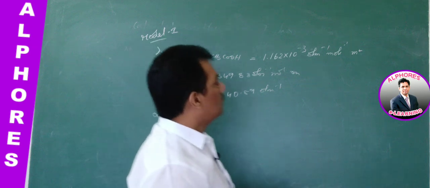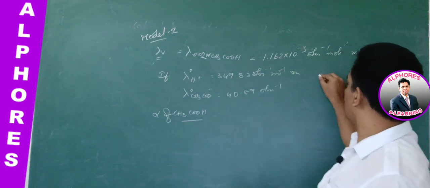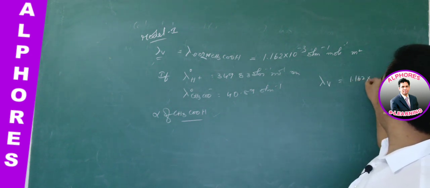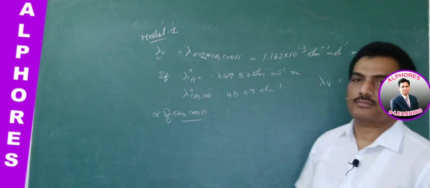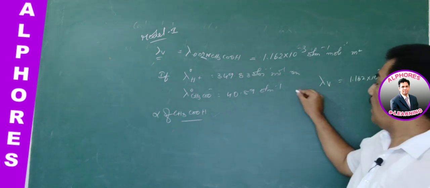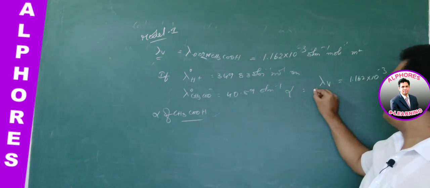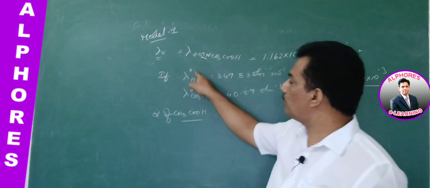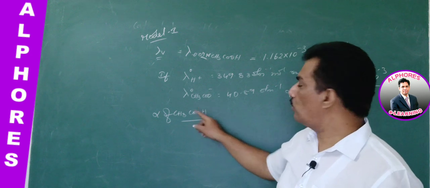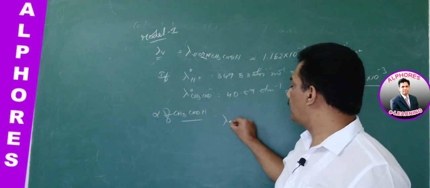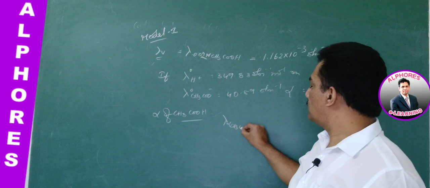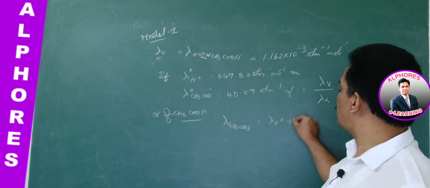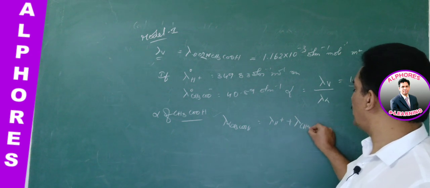Because already we know lambda V, it is 1.162 into 10 to the power of minus 3. And now alpha is nothing but lambda V by lambda infinite, and this lambda infinite value we can get from these two, because as per Kohlrausch law, lambda infinite of acetic acid is nothing but the sum of conductances of these two ions present in the electrolyte solution.